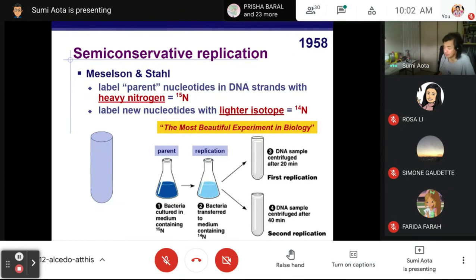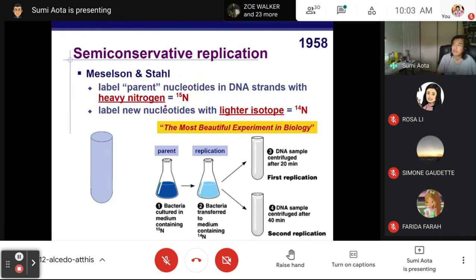Now, this time, again, they're using an element that gives off a signal. The element they're using this time is nitrogen. In the parent generation, you have to have every single nitrogen in the DNA be replaced with this new nitrogen.